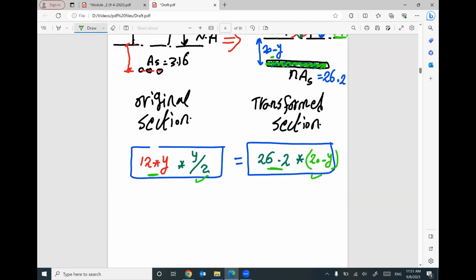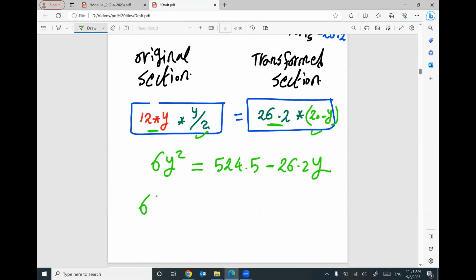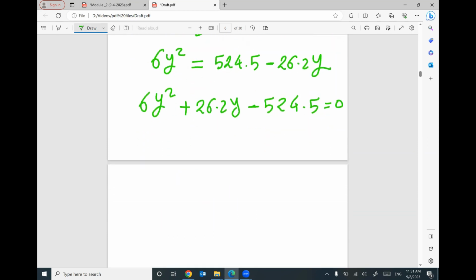So this expression will give you 6y squared equals 26.2 times 20. I got 524.5 minus 26.2y. Just rearrange, and you will have a second degree equation equal to 0. Solve this equation: a equals 6, b equals 26.2, c equals negative 524.5.